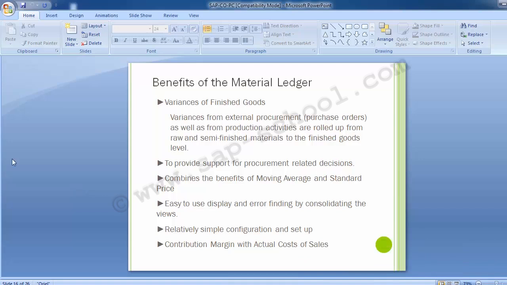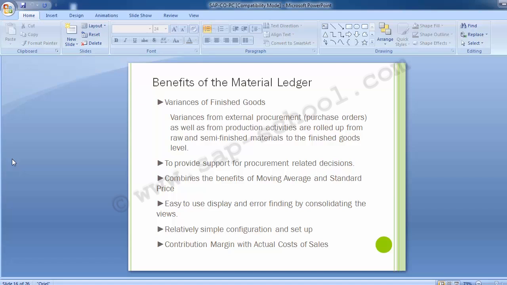So the actual costing is used to calculate the actual product cost at period end close. The result may be transferred to the material master as a weighted average price for the closed period. The values connected with the material movements are collected in the material ledger.